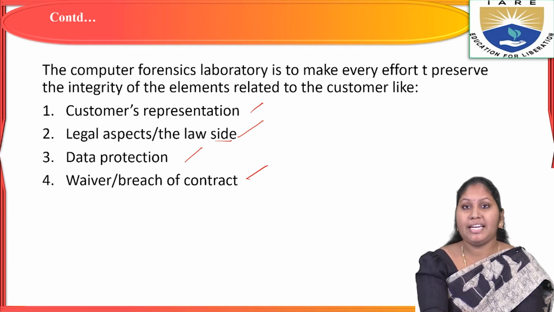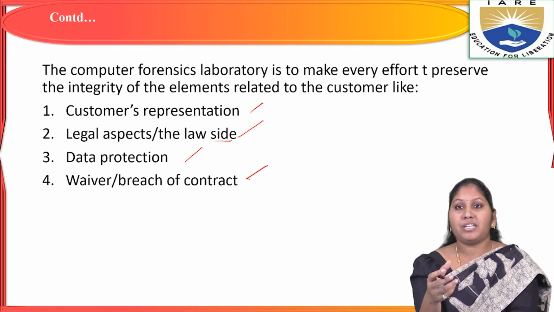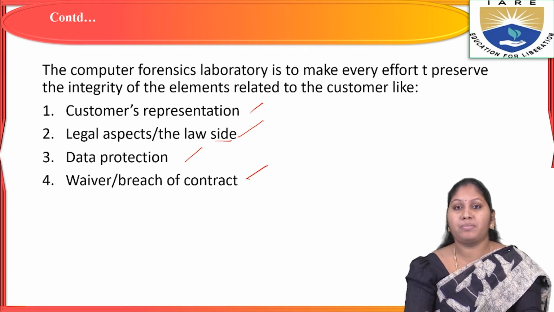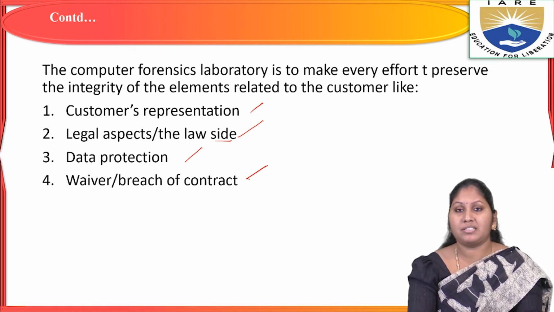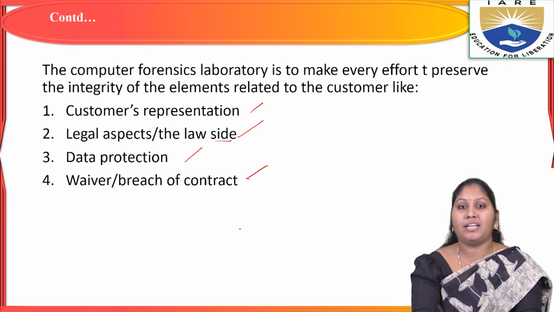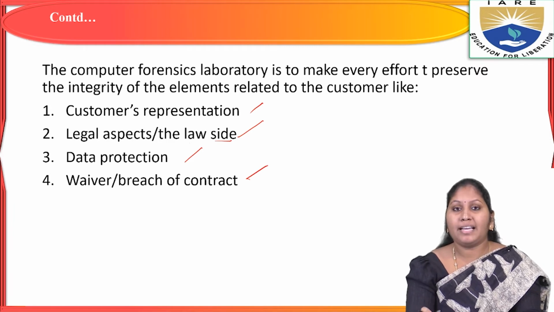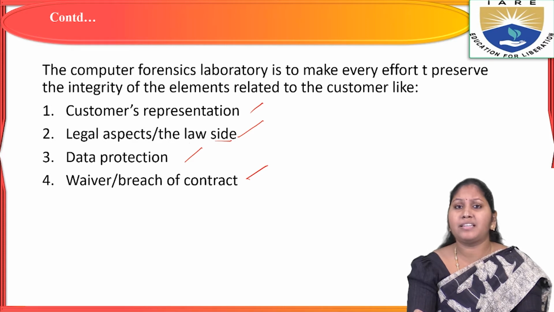Okay, and next one, data protection. Data protection is nothing but the data that has been given by the customer. There should not be any modifications. And next one, breach of contract. Breach of contract is nothing but breaking the contract. If no evidences have been recovered, there should not be any breach of contract.